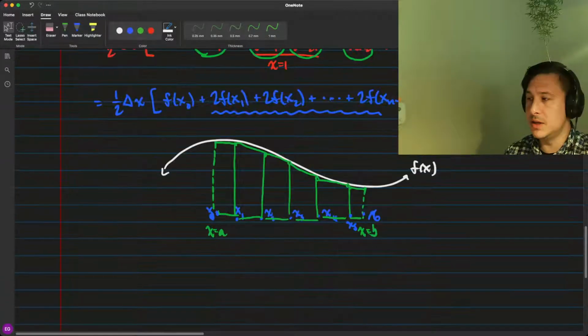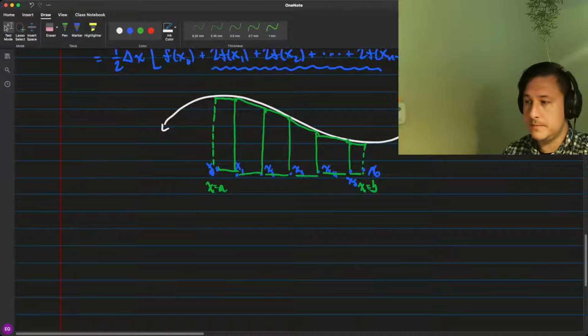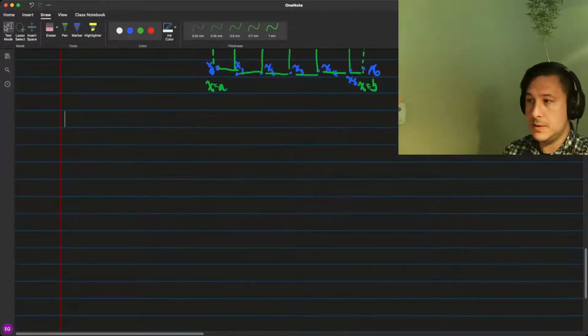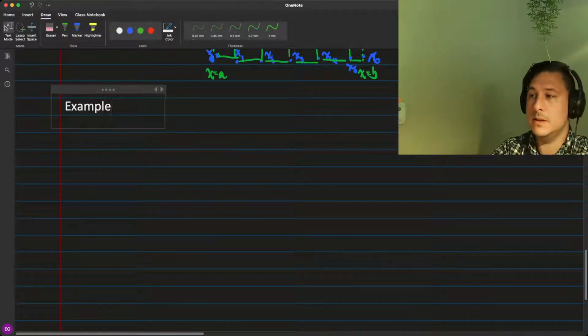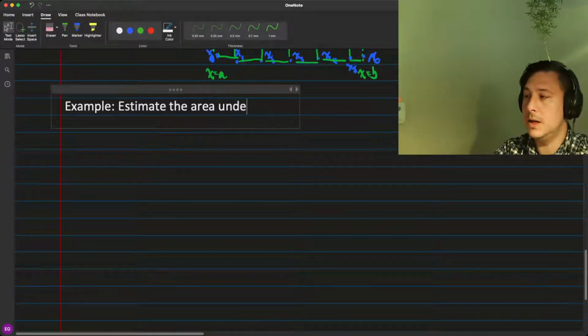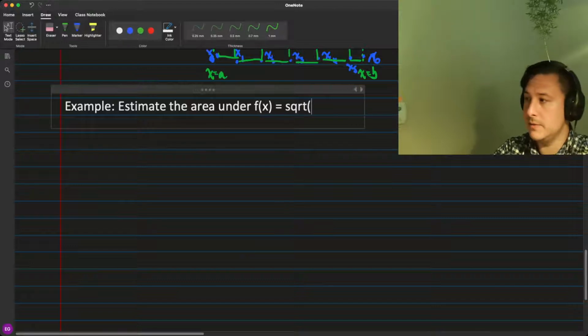Okay, so I'm going to do the example. Alright, so example. We are going to estimate the area under f of x equals square root x.